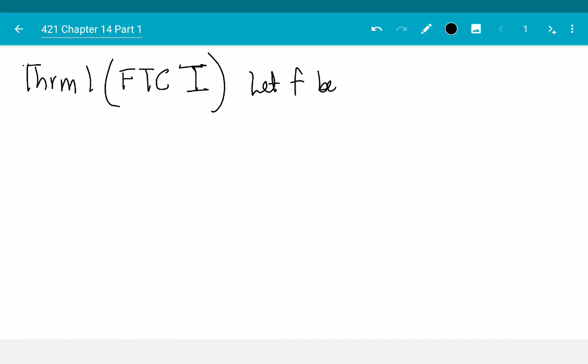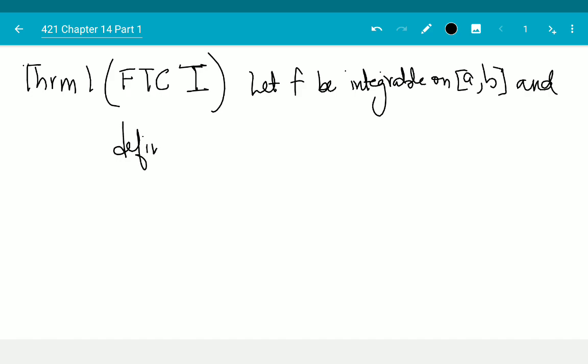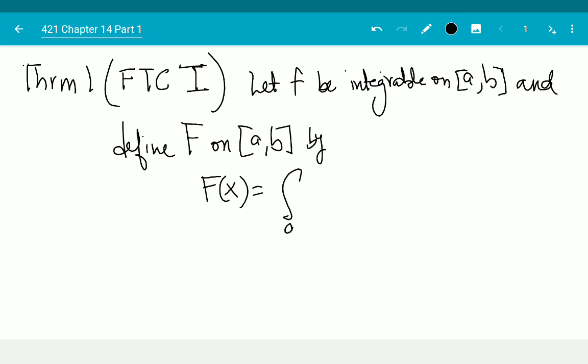Let f be integrable on [a, b], and define capital F on [a, b] by capital F of x is equal to the integral from a to x of f of x, following the notation of the book that we used previously, just integral f.